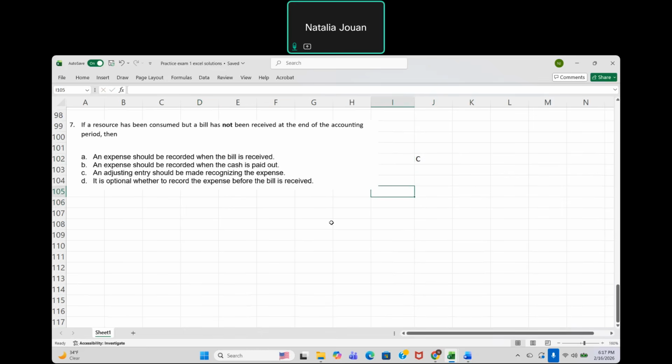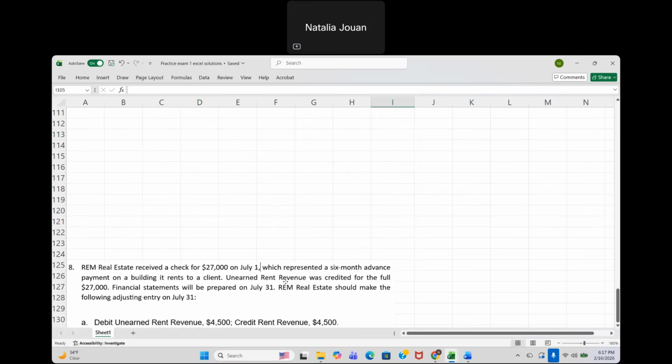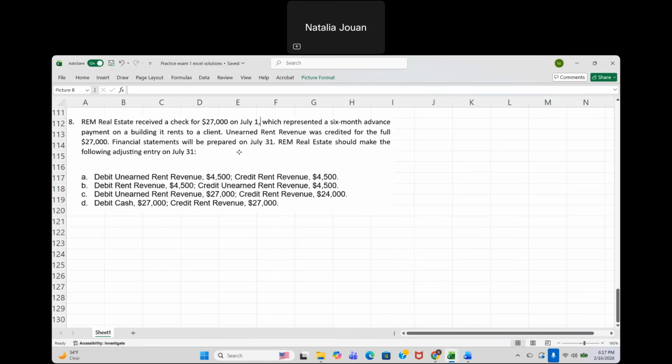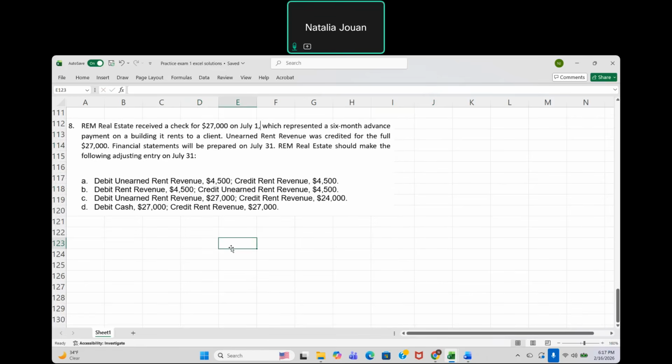Okay, there we go. So 8, real estate. REM Real Estate received a check for $27,000 on July 1st, and this represented a prepayment of 6 months of rent. The books will be closed at the end of July. Only 1 month has elapsed out of the 6 months.